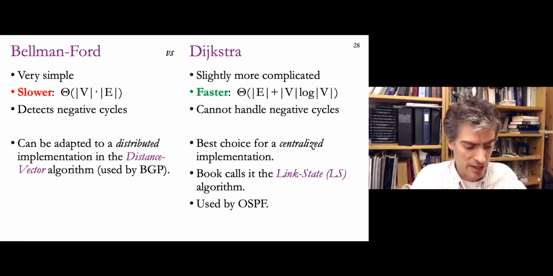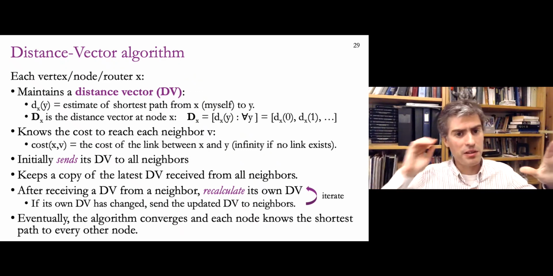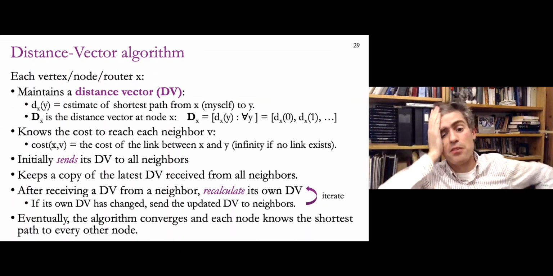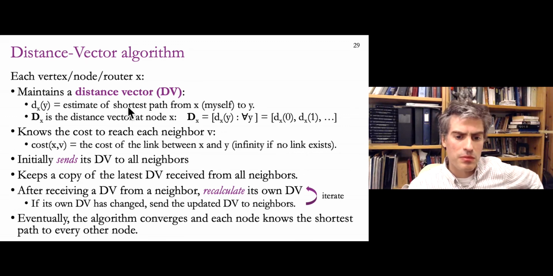Okay, the distance vector algorithm. With the distance vector algorithm, each node operates in parallel at the same time, and it keeps information about how to reach all the destinations in the network that it knows about, and what the next hop is to reach those destinations as quickly as possible.